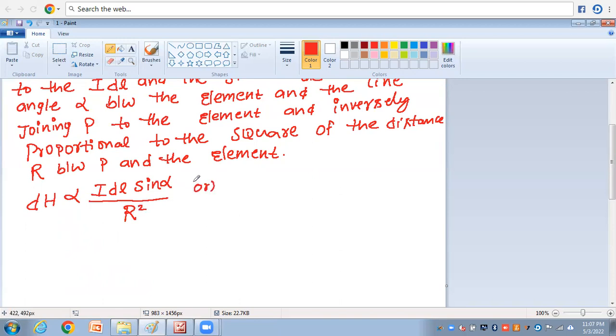Now I will write another way of expressing this magnetic field intensity. dH bar, the field is always a vector, equals the proportionality constant K into I dl sine alpha, with inversely proportional R square.